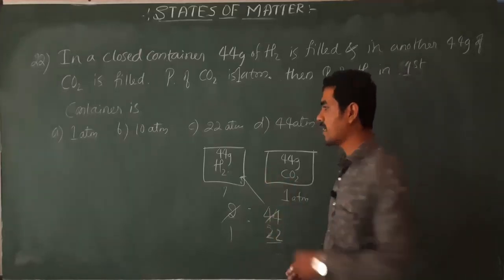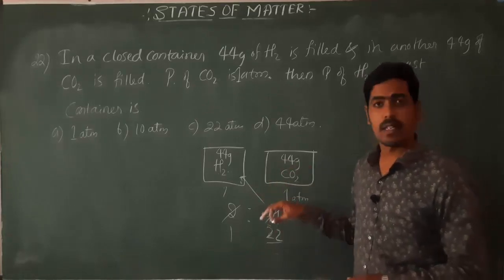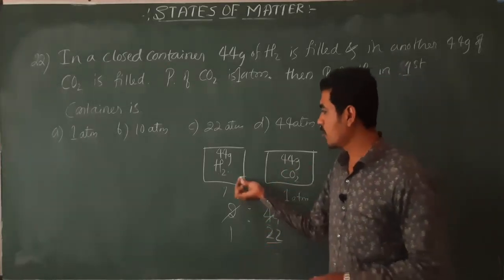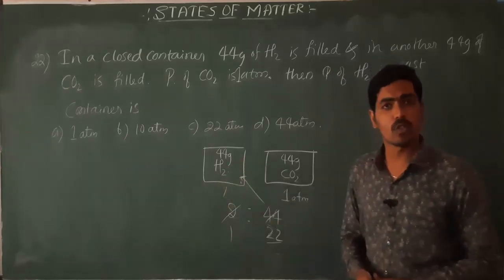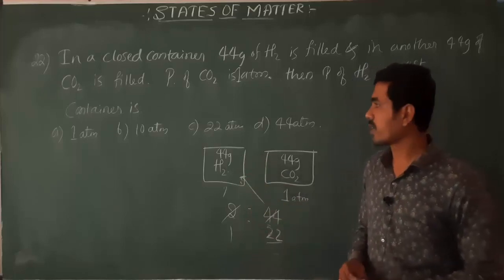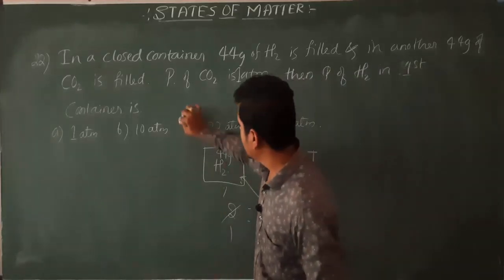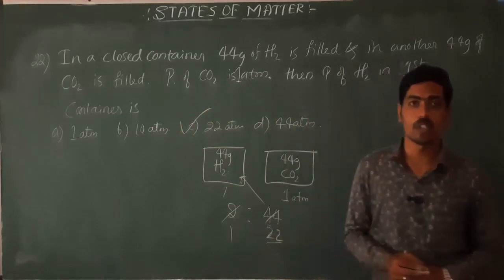Since both are having the same volume and same mass, and hence the 22 moles of hydrogen are there, 22 atmospheric pressure will be exerted in this container. Okay, so option C is the right one, that is 22 atmospheric pressure.